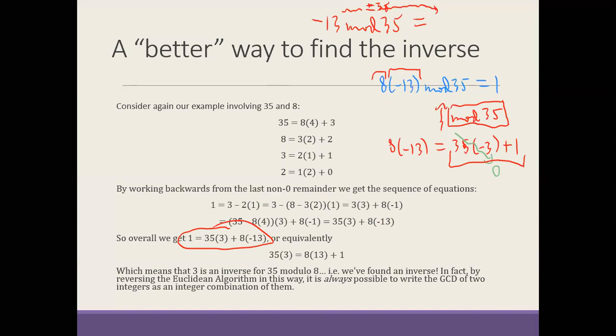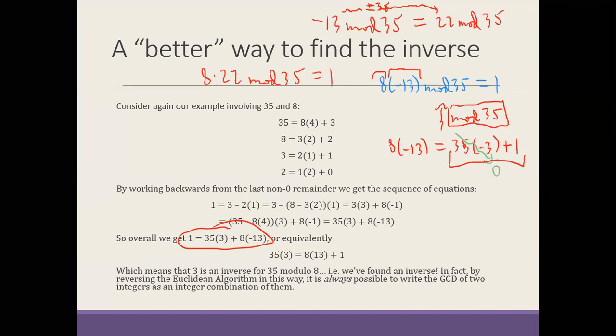So what is that going to be? 22 mod 35, yeah? So I mean, another inverse, but it's really the same mod 35. Another inverse of 8 would be 22. So I'm telling you, 8 times 22 mod 35 is 1.